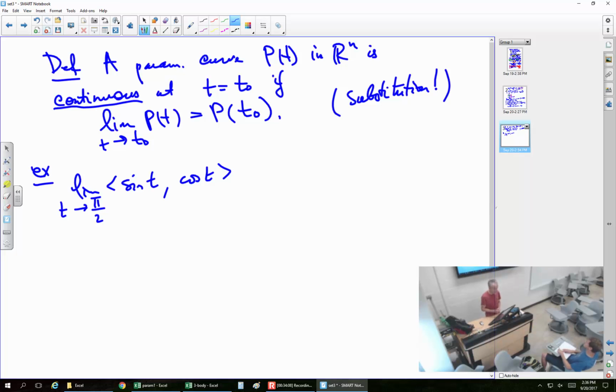We compute the limit, and I do it one component at a time. According to the previous statement, I have to look at limits of each of the component functions, so I'll compute the limit of sine, and the limit of cosine.